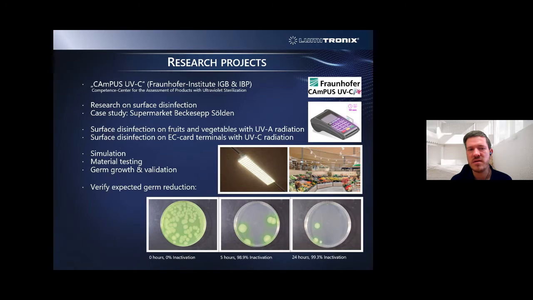This research focuses on surface disinfection, and we are using a supermarket called Beckesep in town Sölden, where we are analyzing the result of surface disinfection on fruits and vegetables with UVA radiation and the surface disinfection on EC card terminals with UVC radiation. This research is still ongoing, so I cannot present any results at the moment.